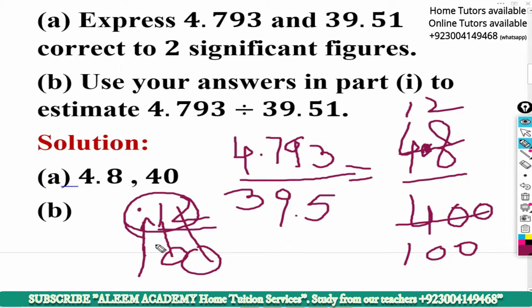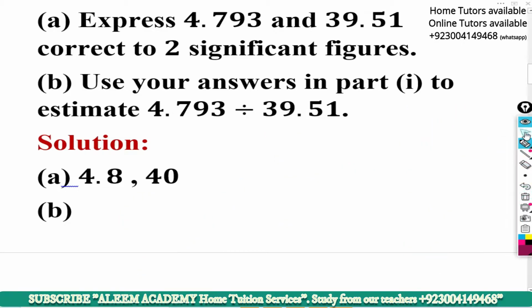Okay, you got my point. 0.12 will be the final answer, and we have just estimated it. We have done all this working mentally. All right, so let's just write down the final answer, and you must know how we got it. So see our calculation again and again until you understand how we got the answer 0.12. What we did is we just estimated these numbers.